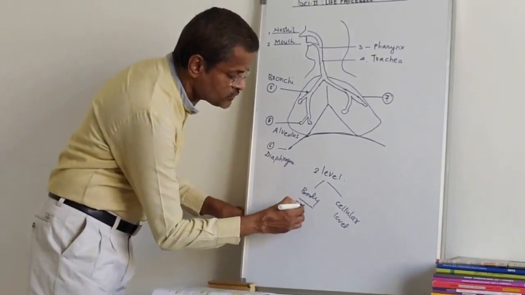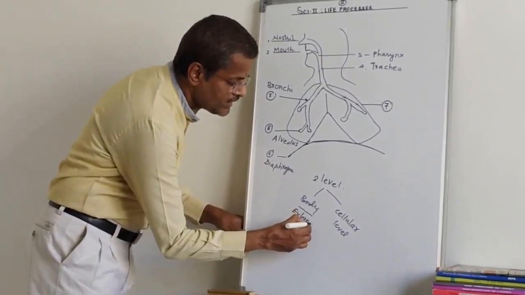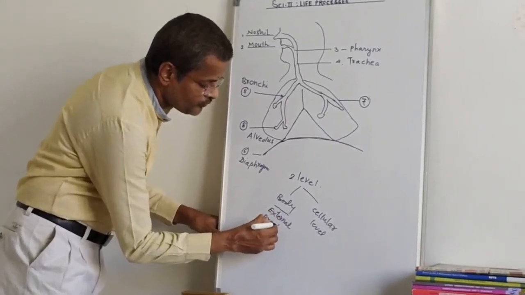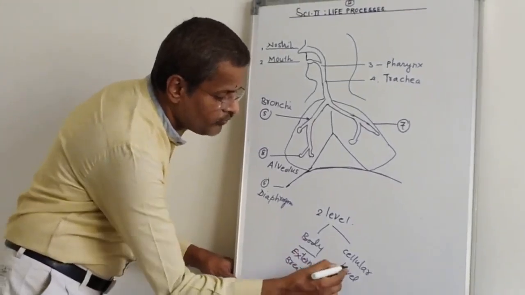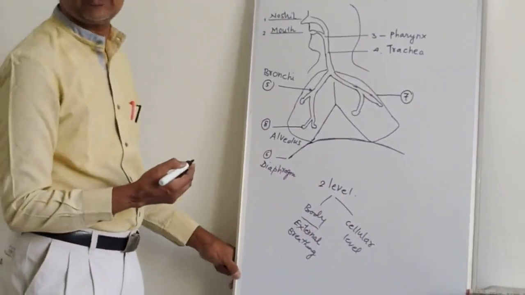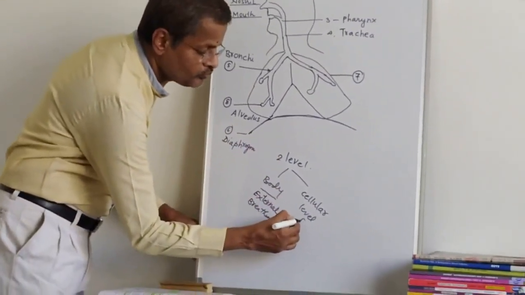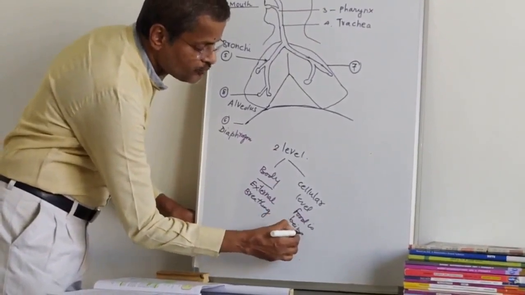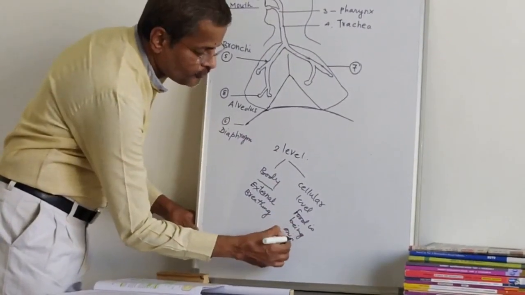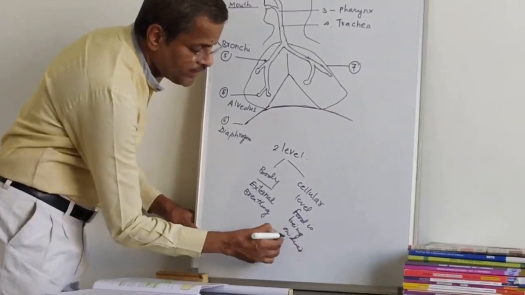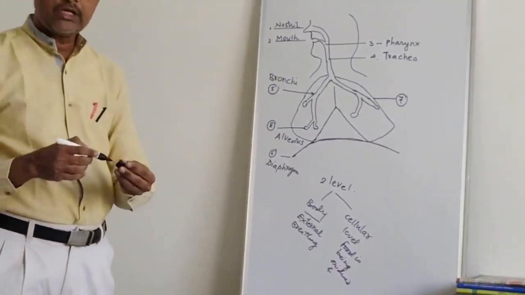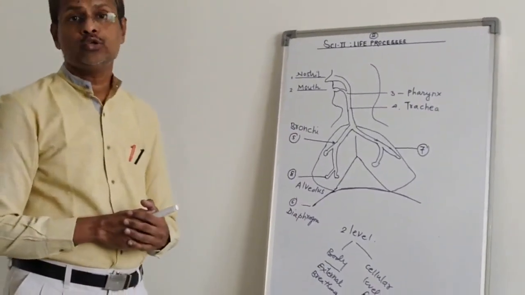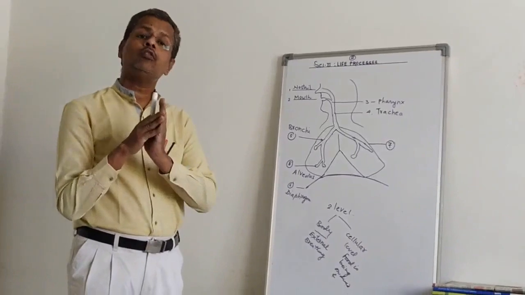So body level is called external respiration or breathing. Whereas in cellular respiration, food is being oxidized and energy is released, which these different organs use for their proper functioning.